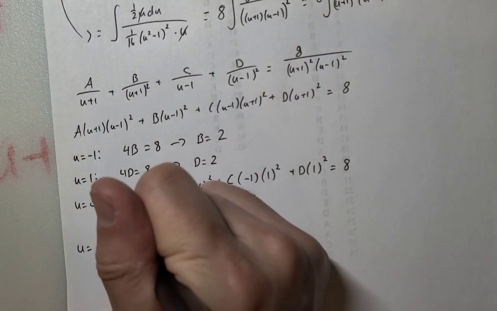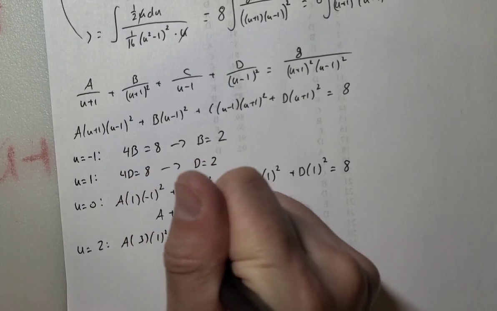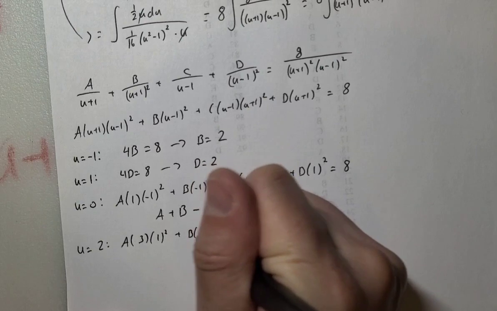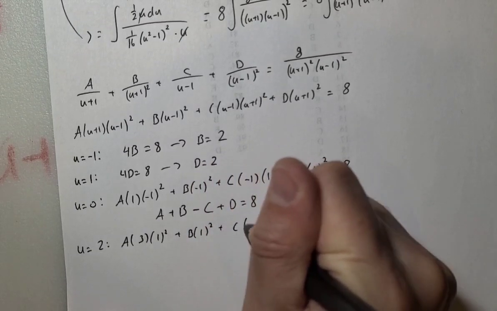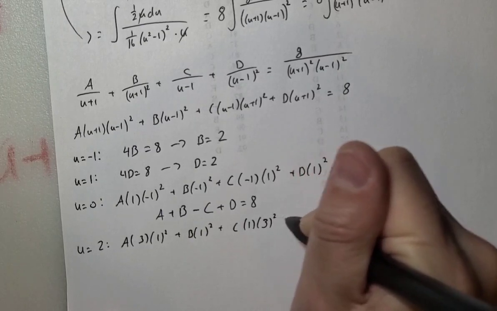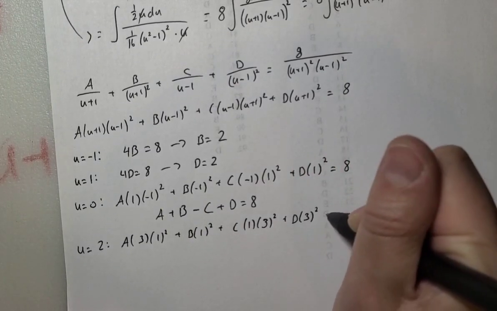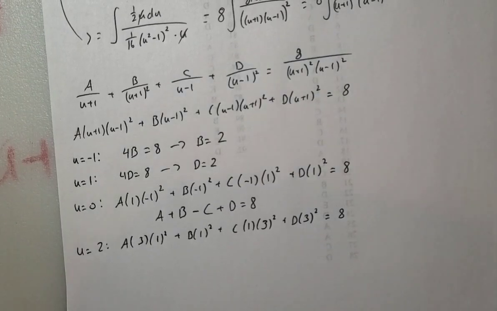Okay, so we get a times 3 times 1 squared plus b times 1 squared plus c times 1 times 3 squared plus d times 3 squared is equal to 8.